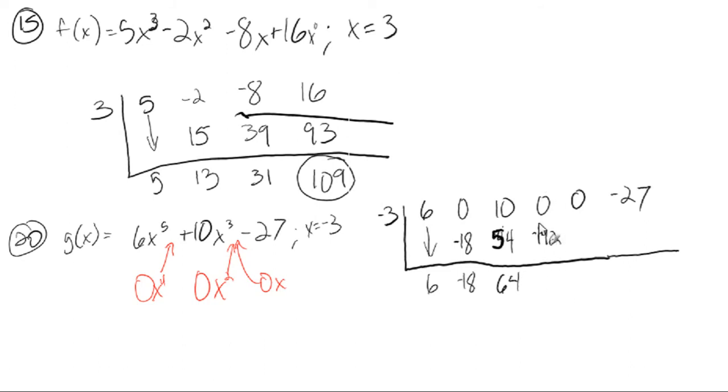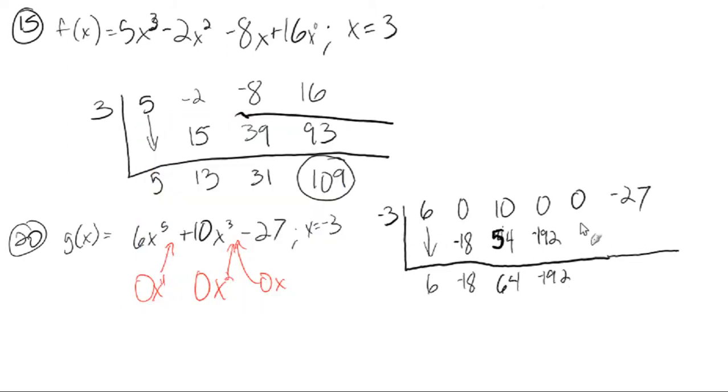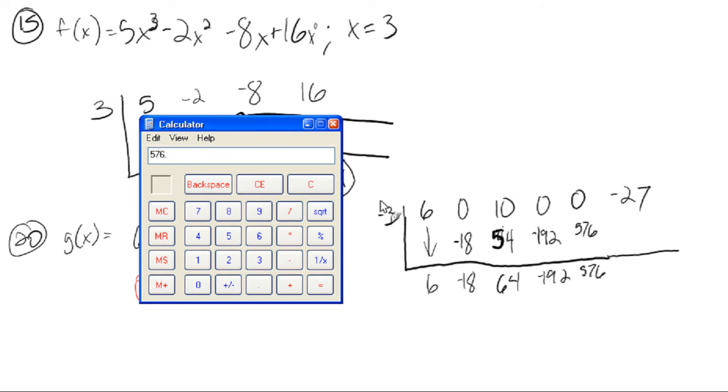Okay, and 0 minus 192 is negative 192. And we got negative 3 times negative 192, so that's going to be a positive 576. And 0 plus 576 is 576. And negative 3 times 576, making sure we have the right sign.